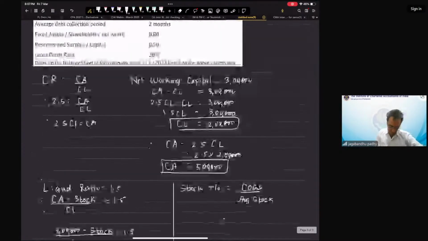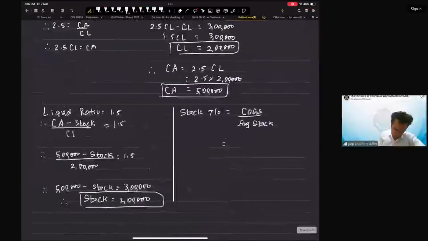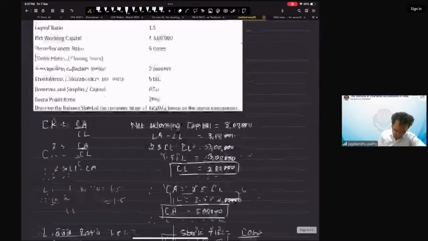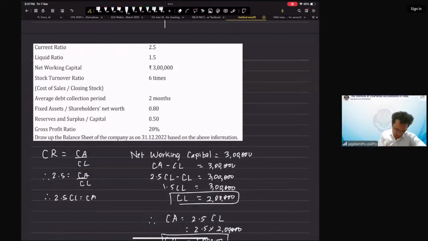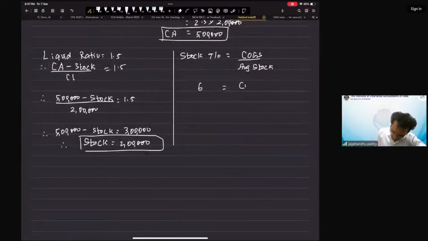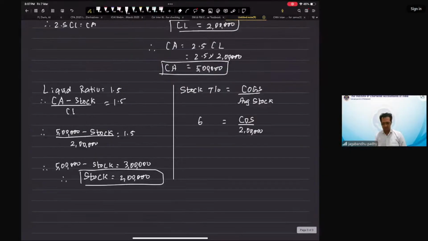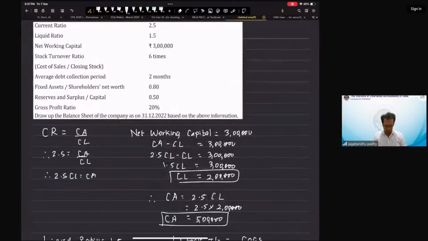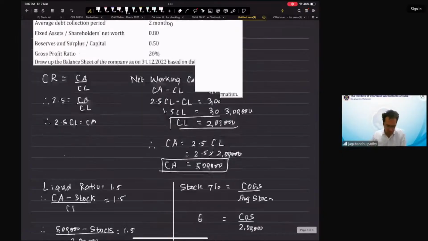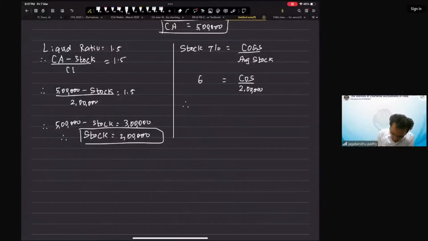So stock turnover is 6. COGS or cost of sales is something we don't know. Cost of sales upon average stock, we'll just take the same number as stock because we don't have any information about opening and closing. We can say cost of goods sold in our case will be 12 lakh.